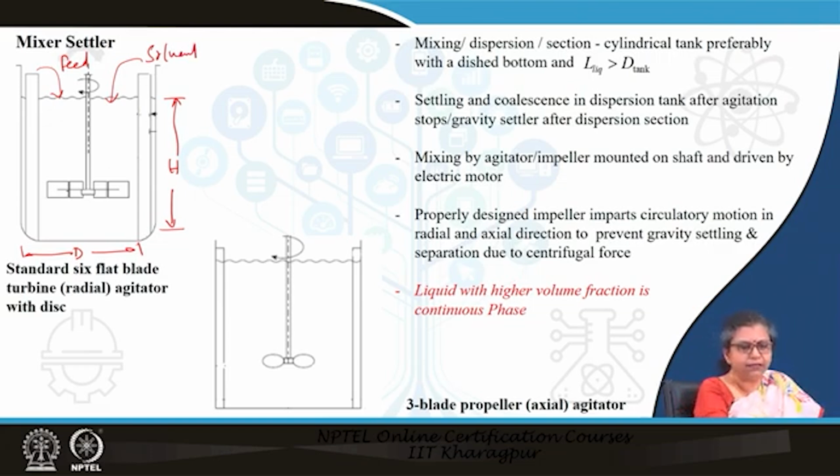This agitation takes place either by means of an impeller or a propeller, powered by an electric motor. After agitation, you have two phases here, and usually one phase gets dispersed as droplets in the other phase.